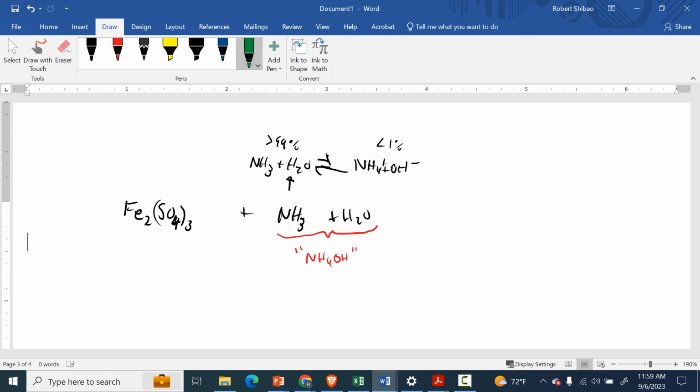And so what that does is it turns this into an AB plus CD pattern. And so this is metathesis. Now, why don't I just replace ammonia and water with ammonium hydroxide? Because it's ammonium hydroxide that's reacting, and that's correct. It is ammonium hydroxide. So some instructors will have you replace ammonia and water with ammonium hydroxide.